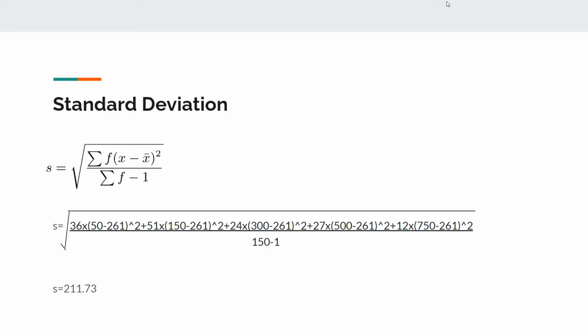After the calculation, the standard deviation should be 211.73.